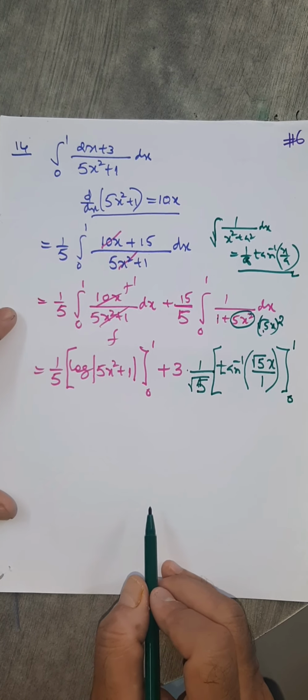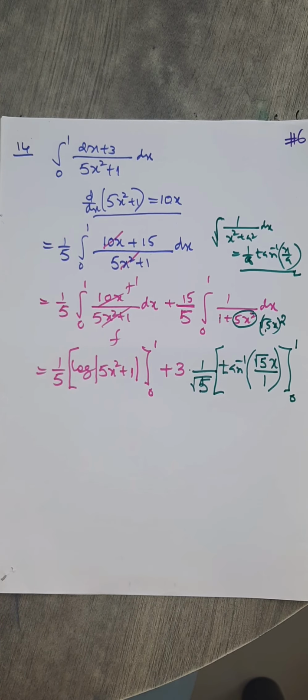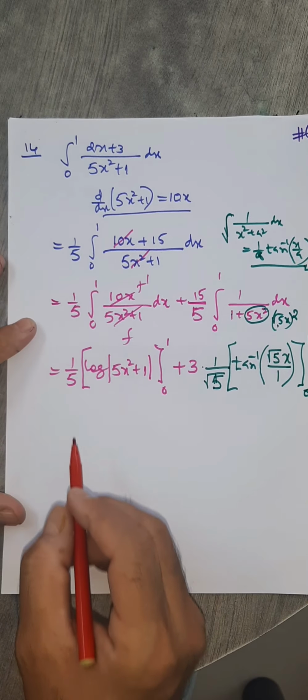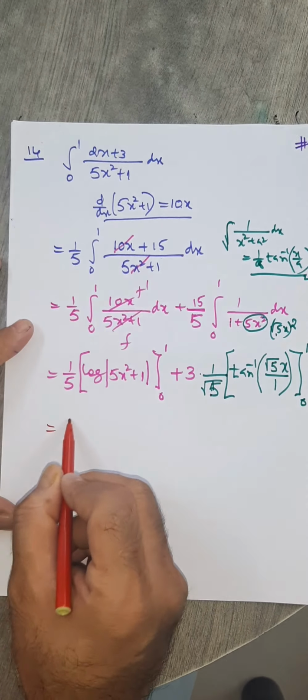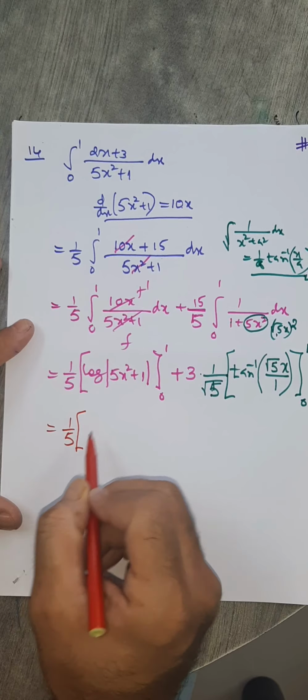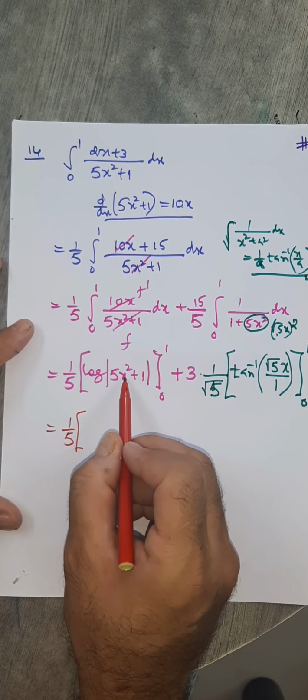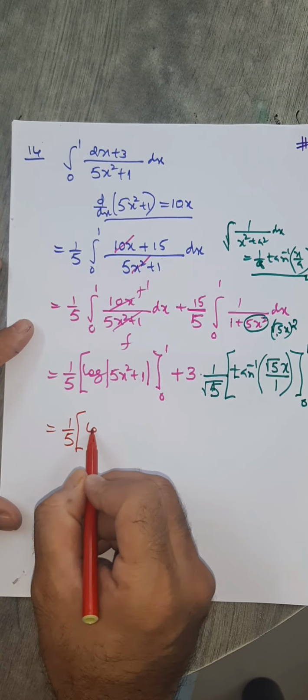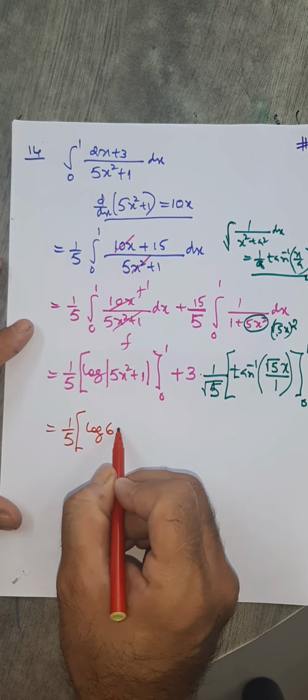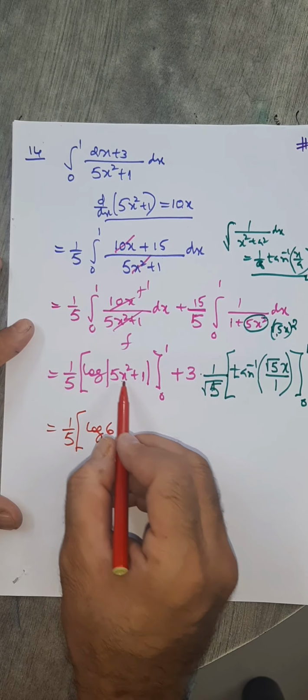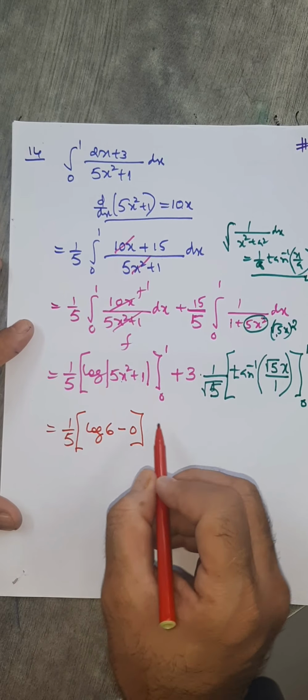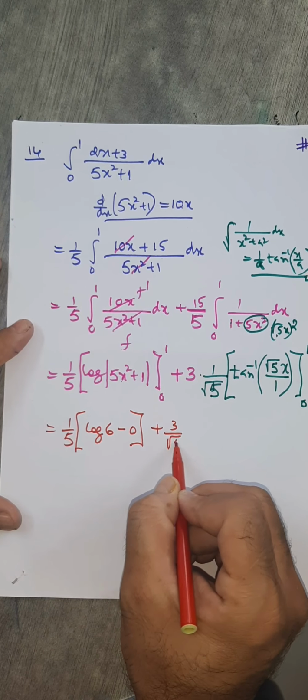So this is the indefinite integral. Now the definite integral comes into play. So upper limit minus lower limit. Put the upper limit: 1 by 5 as it is, and here 1, so this is log 6, from 5 plus 1. Minus, you put 0 here, log 1, which is 0. Plus 3 by root 5 as it is.